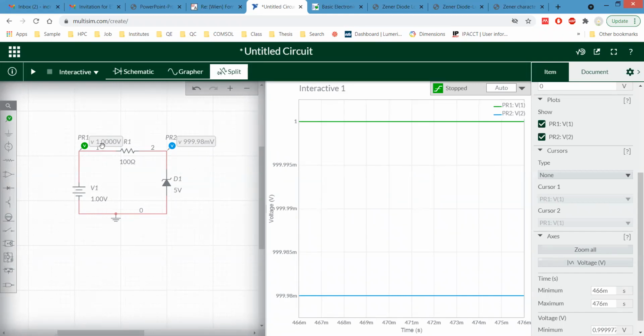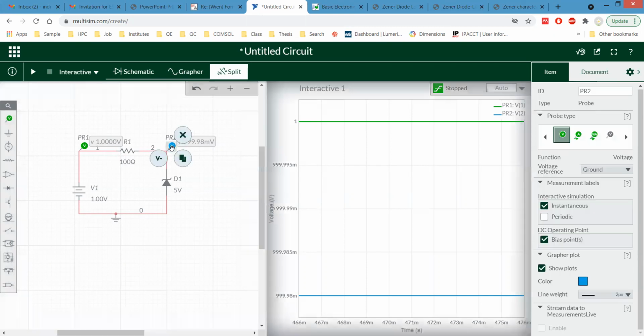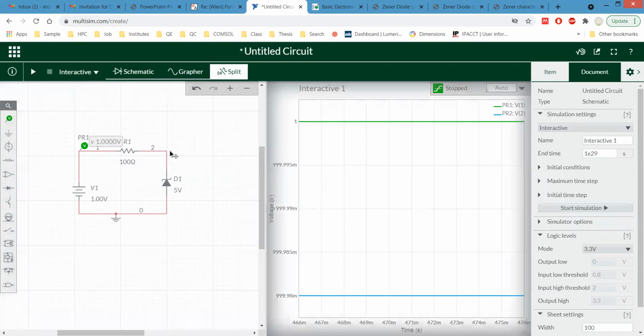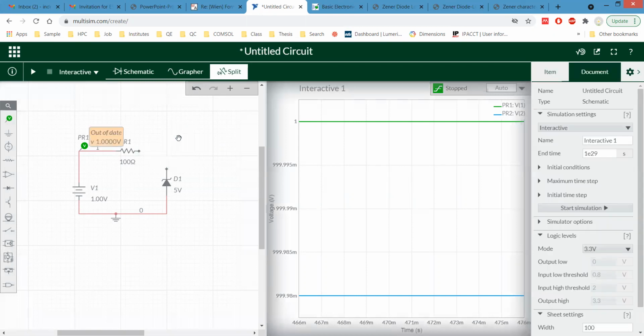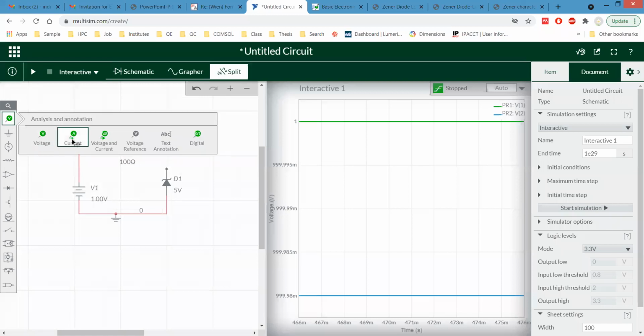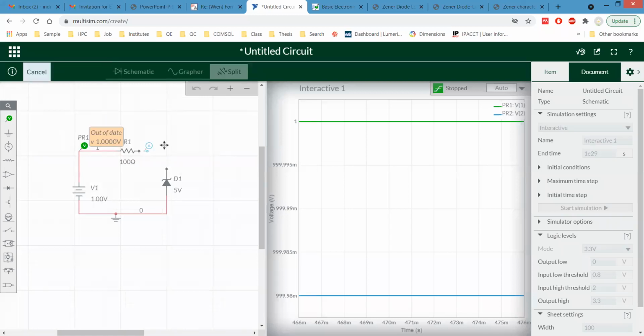Okay, sorry, we are supposed to measure the current, right? Not the voltage. Sorry. You people also did not respond to me that we should measure the current for the IV characteristics.